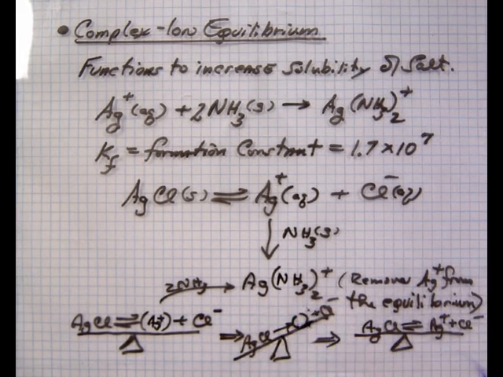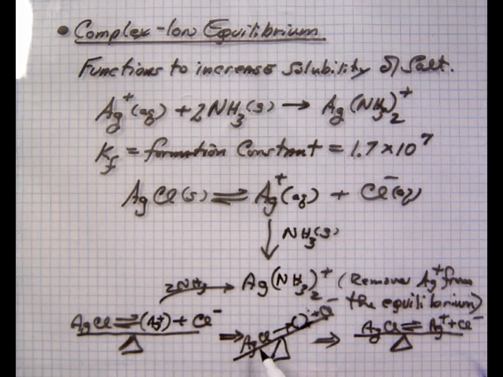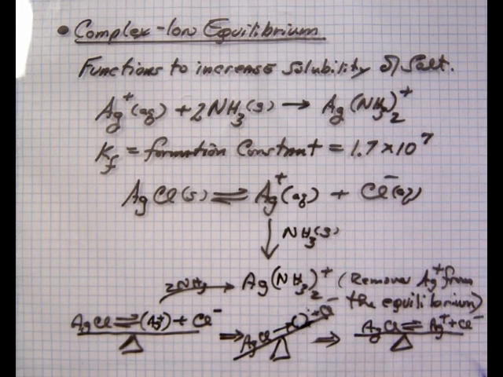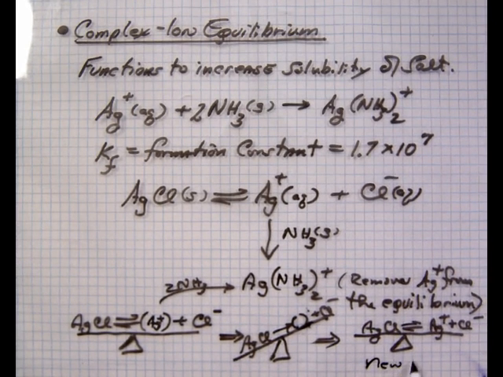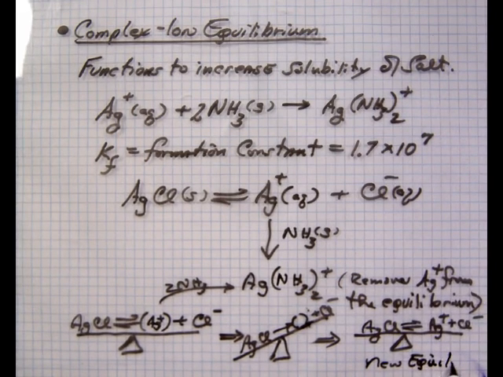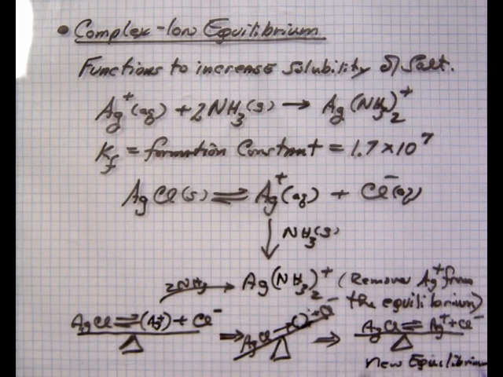It would tilt to the left, and so by natural process the silver chloride would begin to break down and shift this to the right to reestablish the new equilibrium, which involves dissolving more of the silver chloride, and of course the solubility goes way up.